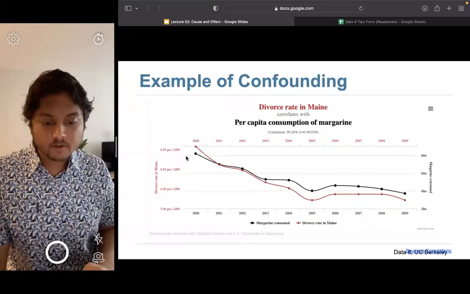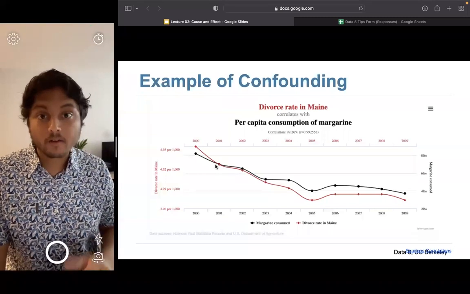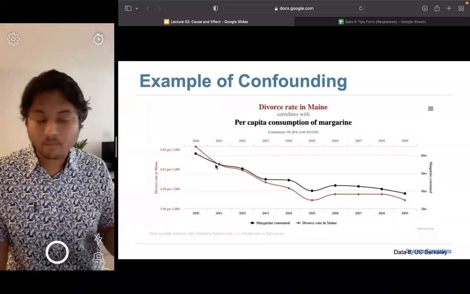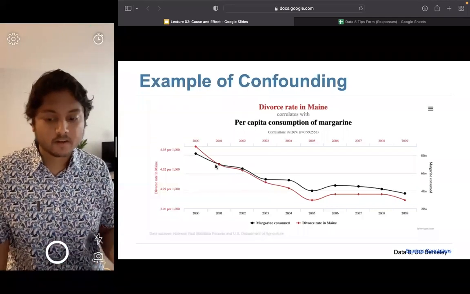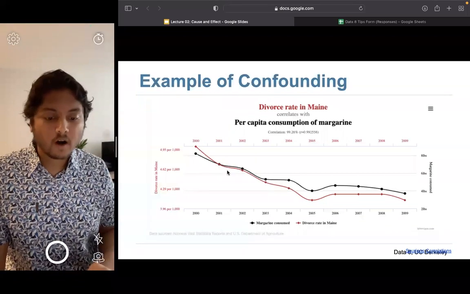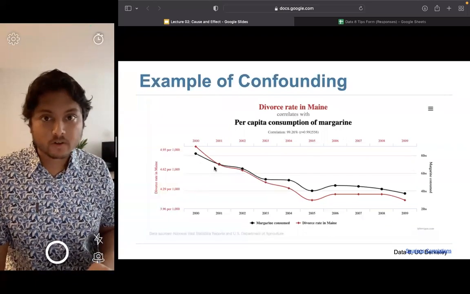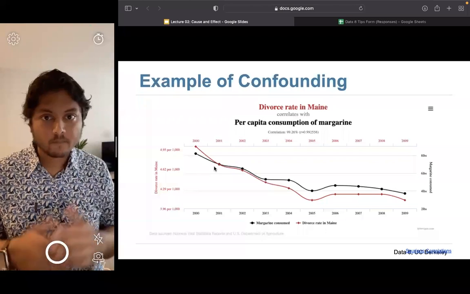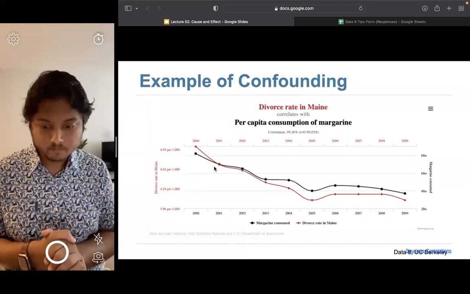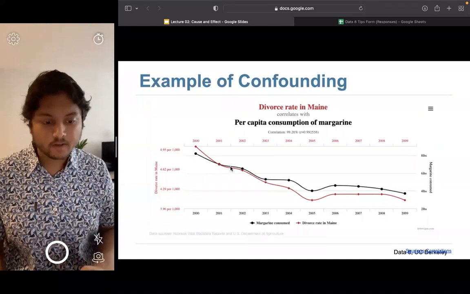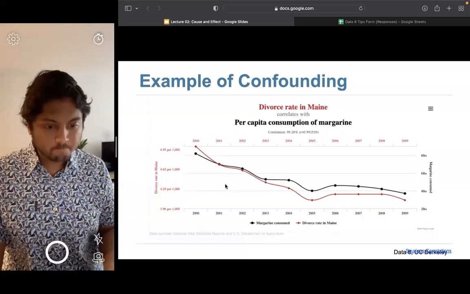The difference between 2000 and 2001 is not just that the consumption of margarine went down. Other things happened between those 2 years, like a stock market crash, all kinds of things. There are lots of effects of various things, so it's hard to say that it's just margarine. There are lots of other differences between people in 2000 versus people in 2001. So it's analogous in that sense.